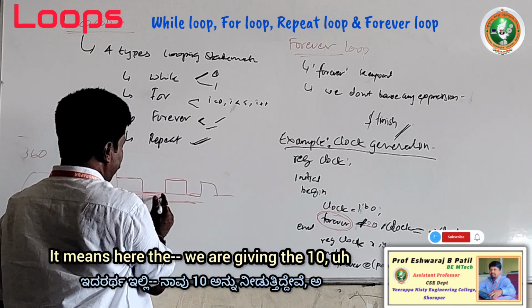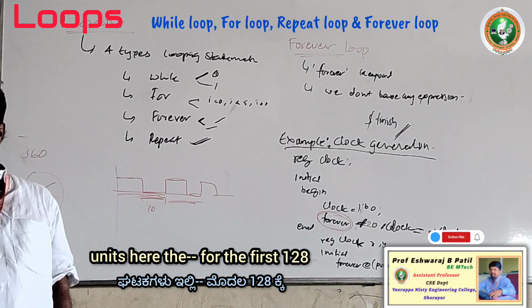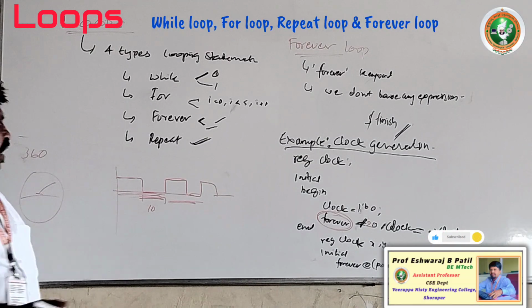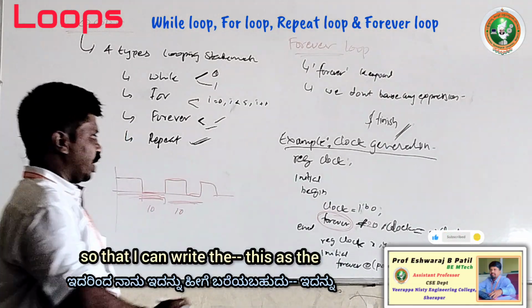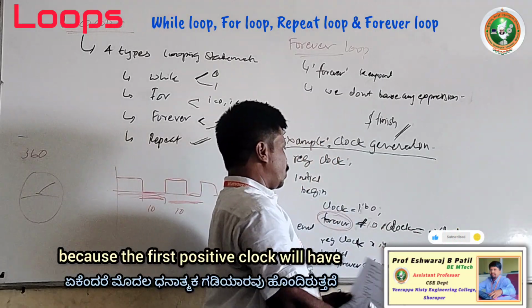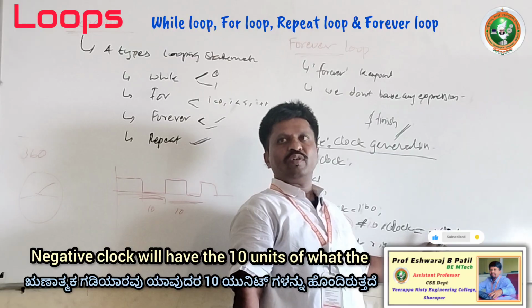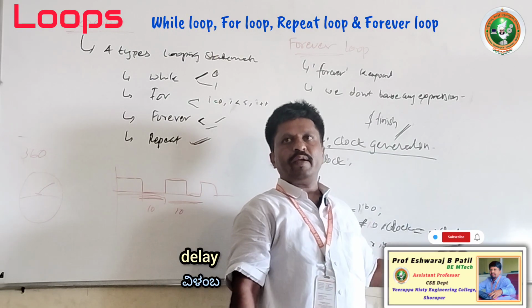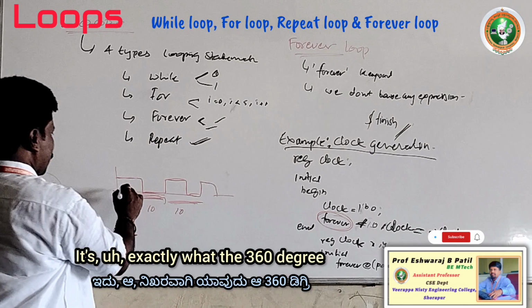It means here we are giving 10 units for the first half, and the other half is another 10, so I can write it as 10 itself, because the first positive clock will have 10 units of delay and the negative clock will have 10 units of delay. It means exactly 360 degrees.